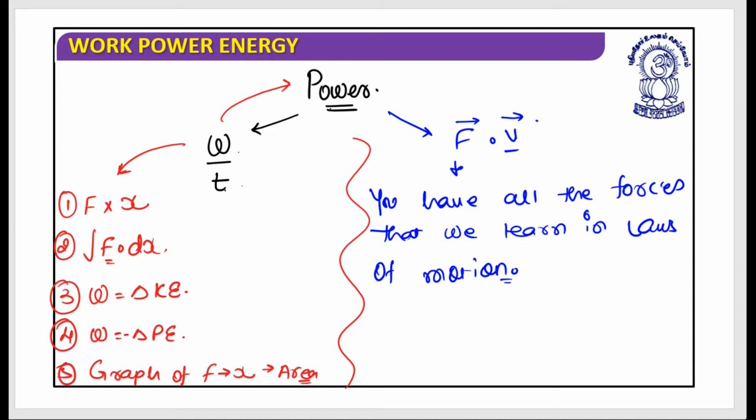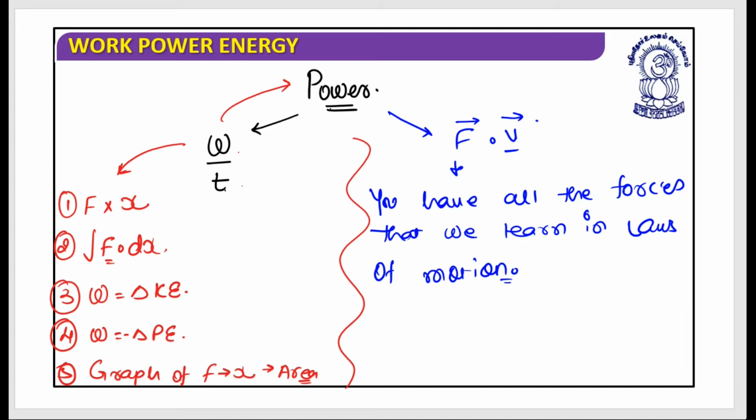So basically power does not have its own questionnaire. It is going to use the question sets of work done, and the question sets of laws of motion, where different forces would be there, and due to these forces velocity could be there. They could use a friction force, a tension force, or any other force.